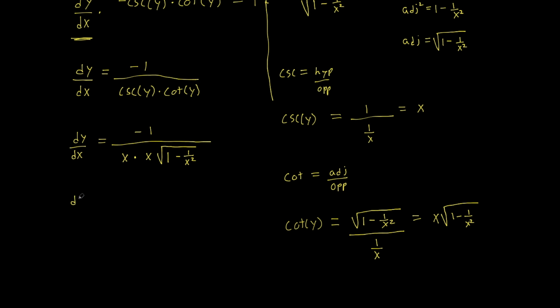So dy dx is going to equal negative 1 over x squared times the square root of 1 minus 1 over x squared. And we are done.